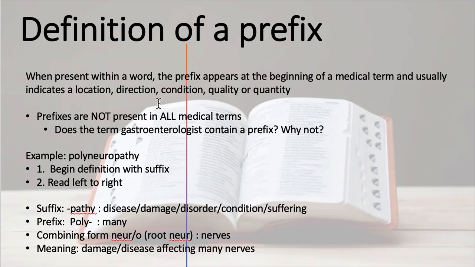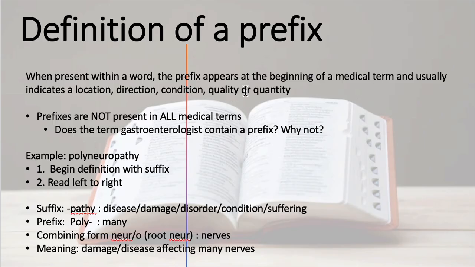So not only do we have to analyze the first component part that's in a word, we have to determine if that component part is a prefix or if it is a combining form, because a word does not necessarily have to have a prefix. And the way that we can determine if it's a prefix or a combining form is if we look at or analyze the meaning of that component part.